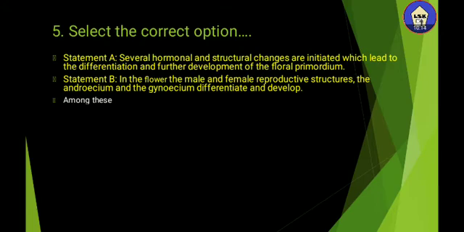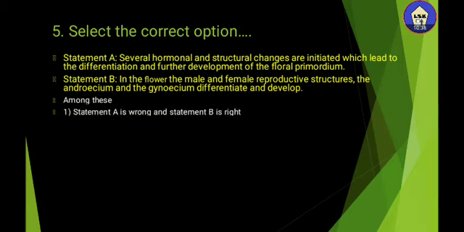So just go through statement A. Several hormonal and structural changes are initiated which lead to the differentiation and further development of the floral primordium. So this statement is correct. Statement B. In the flower, male and female reproductive structures, the androecium and gynoecium, differentiate and develop. That is also true. So both the statements are correct.